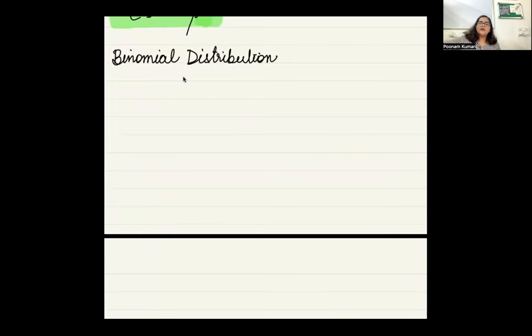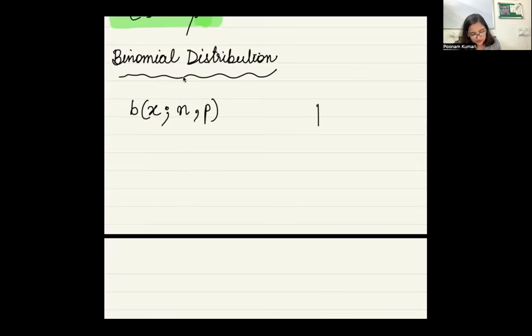What are the parameters for a binomial distribution? We represent the binomial distribution as B of X, and the parameters are n value and p value, right? N value is the number of trials that I'm going to have, and p value is the probability of success in each trial, right? For the Poisson distribution, the parameter value is mu, which is also my average value, expected value of X, right?